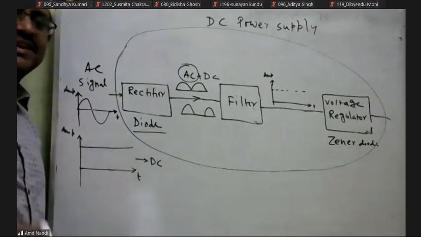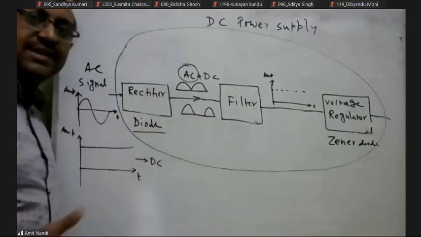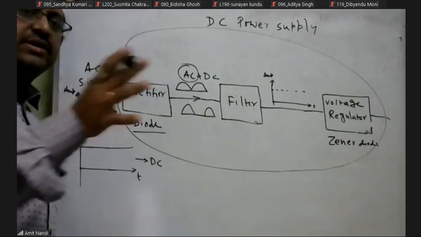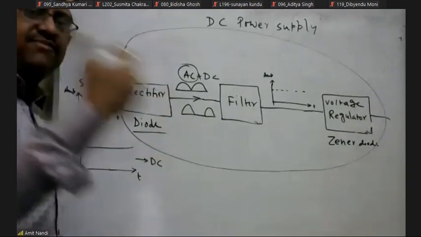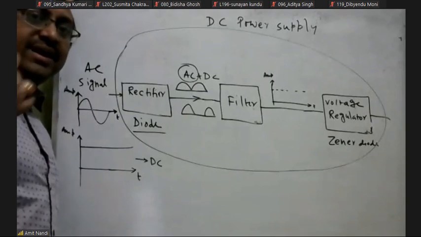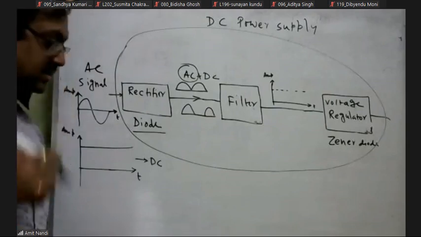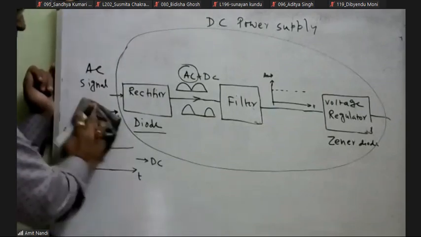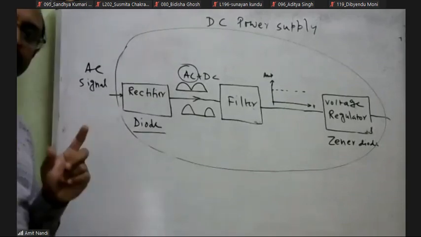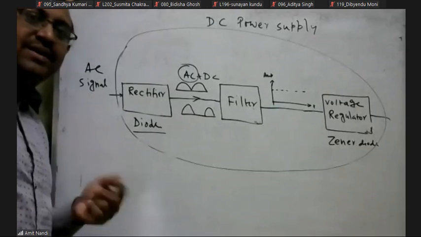In the lab, we basically use the function generator to provide the input signal. Using the function generator, we can build sinusoidal, rectangular, or square waveforms. The function generator is the instrument by which we produce the input signal in the lab.